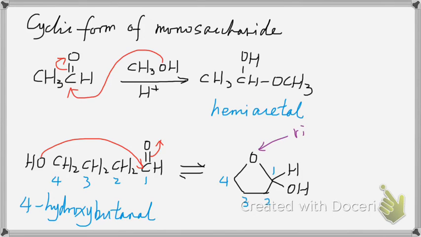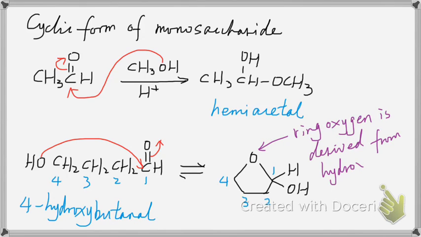All right. Carbon 1 was the aldehyde carbonyl, right? In the product, carbon 1 has an OH attached to it. This OH is from the opening of the C double bond O. Okay, the C=O double bond opens, it gives an OH.